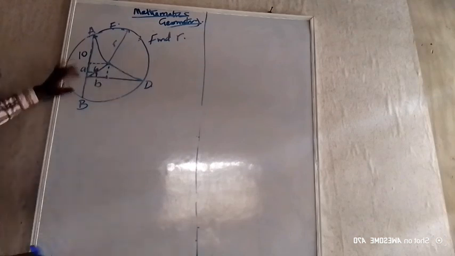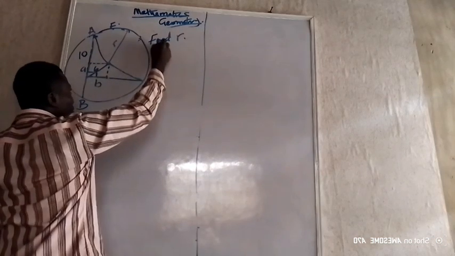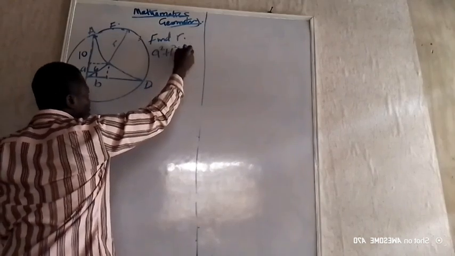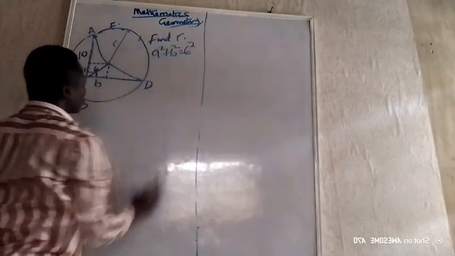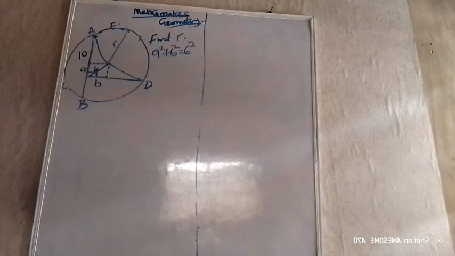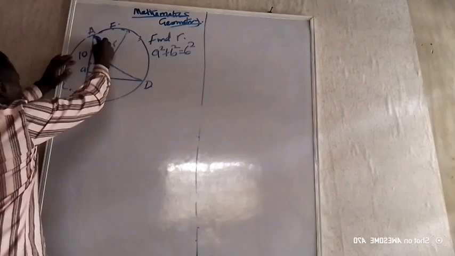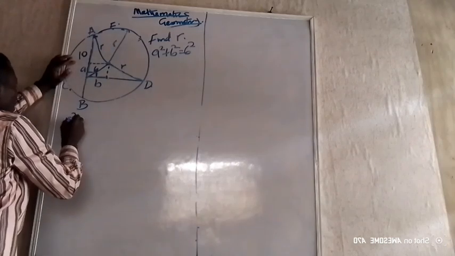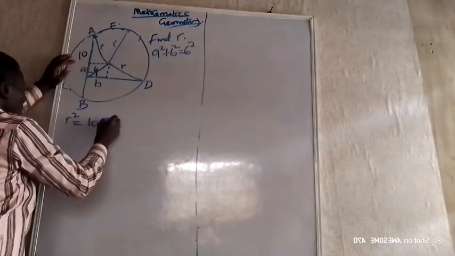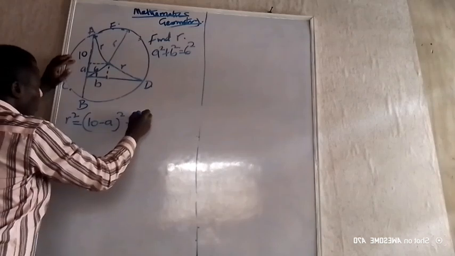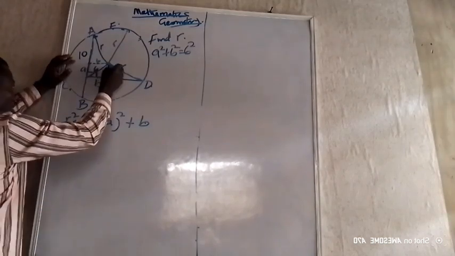We can see from here that a squared plus b squared is equal to 6 squared. That's 36. And then we can also see that r squared is equal to (10 minus a) squared plus b squared. So this is b.